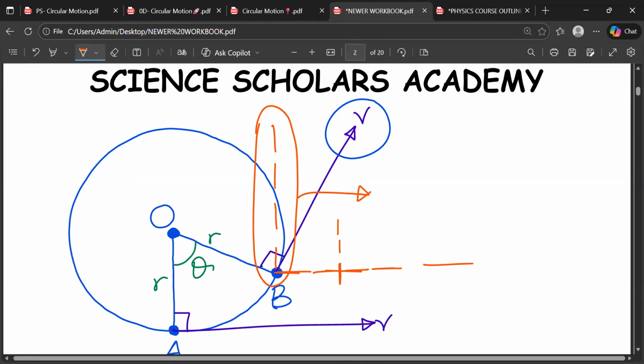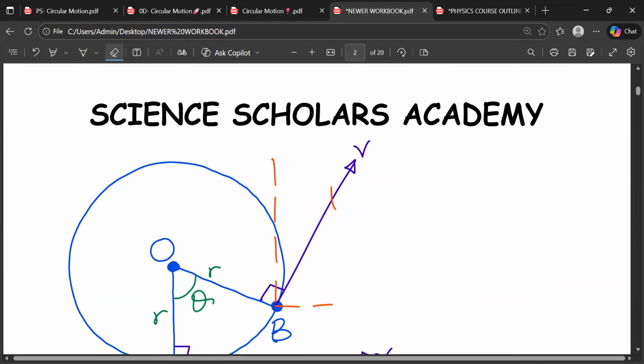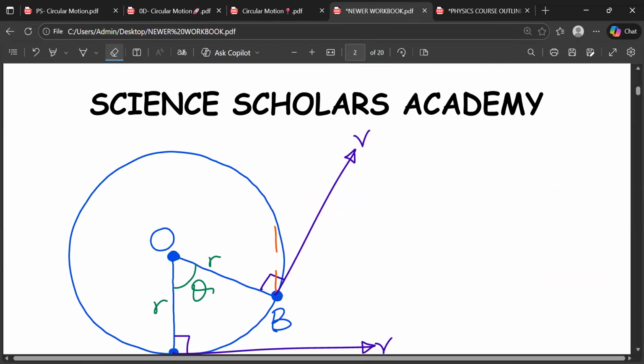Then I shift my vertical component this side. Now the problem will be about the angle, but you will understand. So I'm going to have the horizontal component on one side with the vertical component.